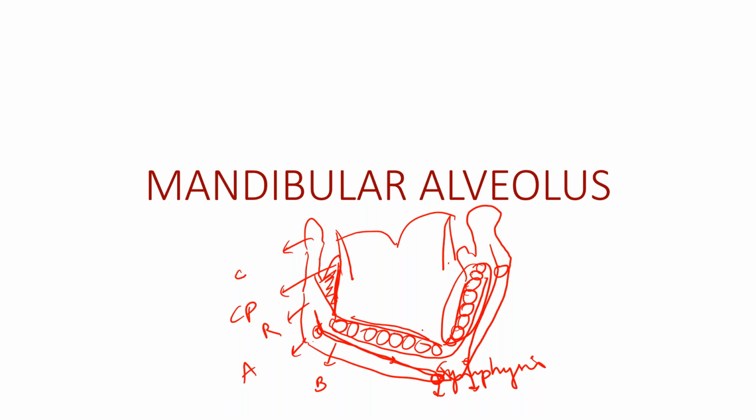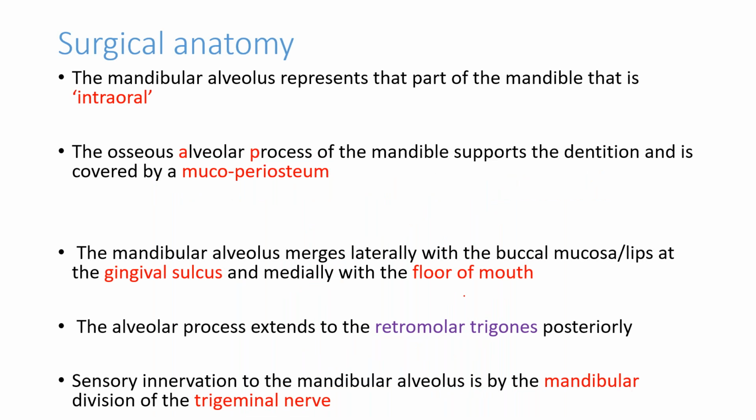Now we are discussing the alveolar process of the mandible cancer. The mandibular alveolus represents the part of the mandible that is there intraorally. If you take the mandible, it looks like this from above. This particular part is called the alveolar process, whichever is there intraorally.